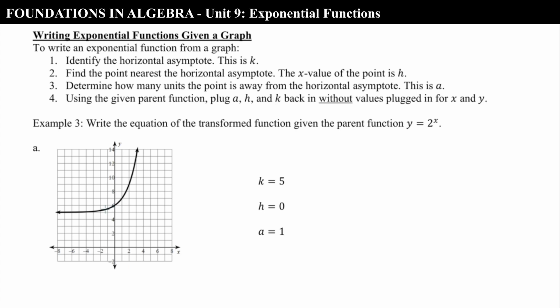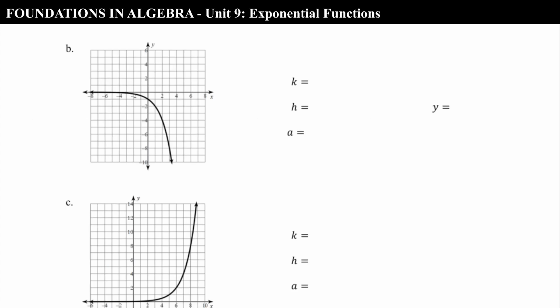So we have y equals, a is 1. We don't have to write the 1. 2 to the x. Our h is 0, so nothing to follow the x, and we just put a plus 5 on the end of it. In b, while we do have an asymptote at 0, our point is going to be at 0 because our next unit up, our x value is still at 0.